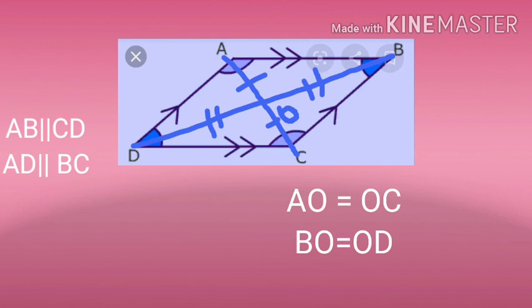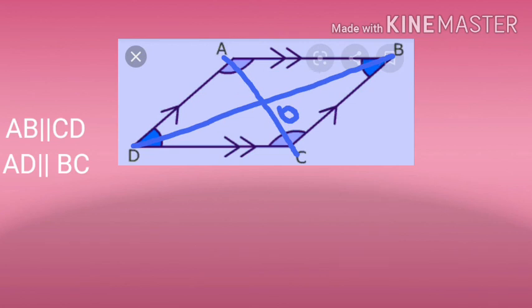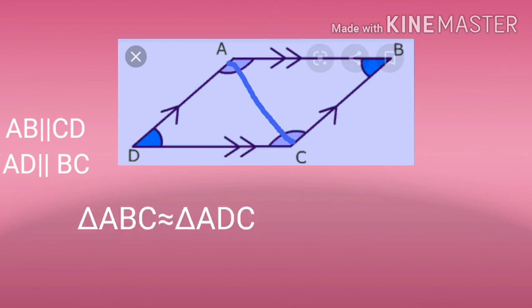Each diagonal divides the parallelogram into two congruent triangles. That means, observe, AC is one of the diagonals, then the parallelogram is divided into two congruent triangles. That means triangle ABC is congruent to triangle ADC.